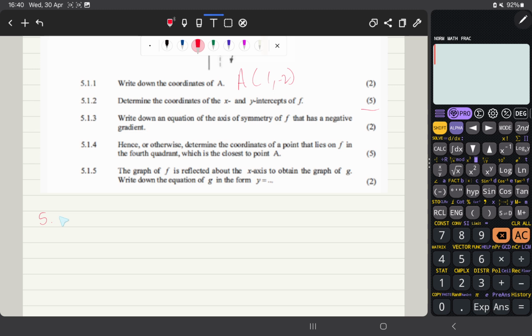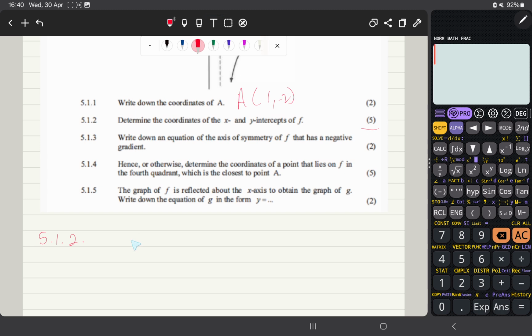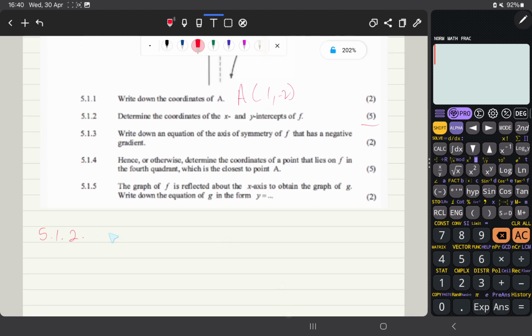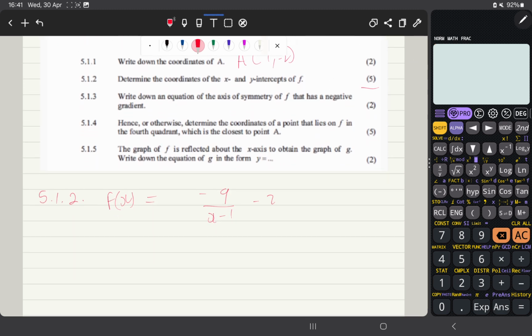The function is f of x equals -9 over x minus 1, minus 2. A lot of minuses. This side I will be doing the x-intercept, and this side I'll be doing the y-intercept, right?